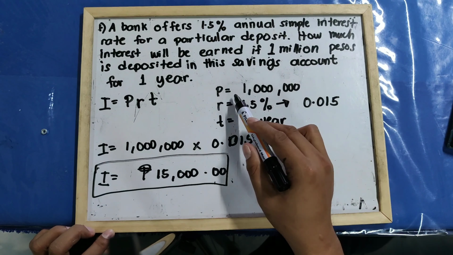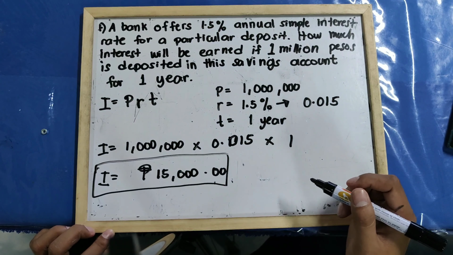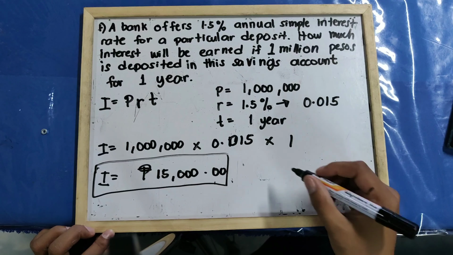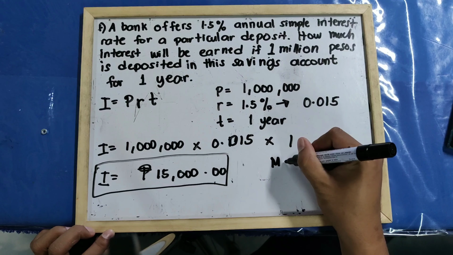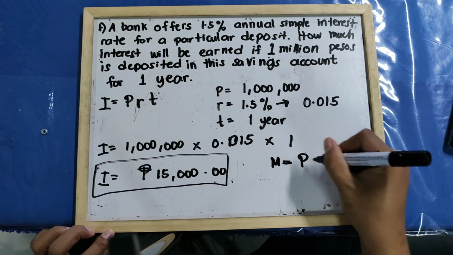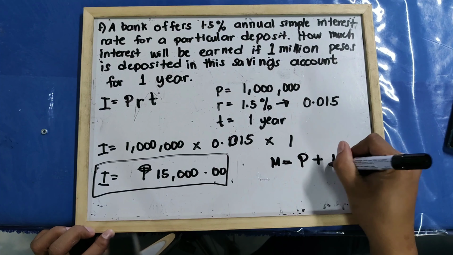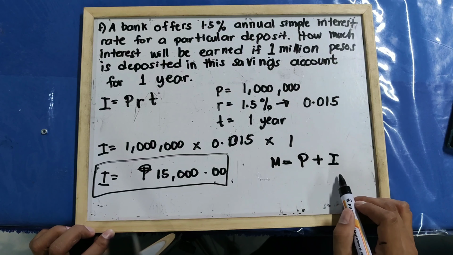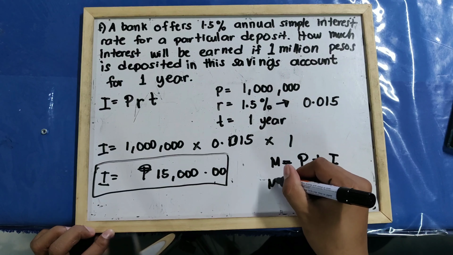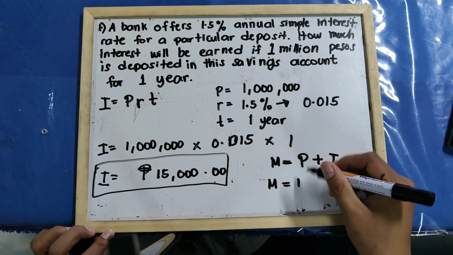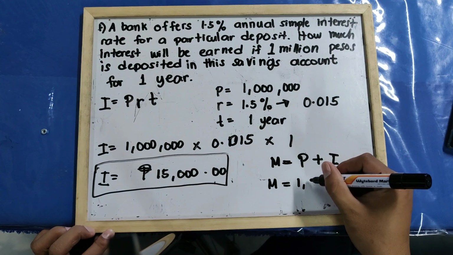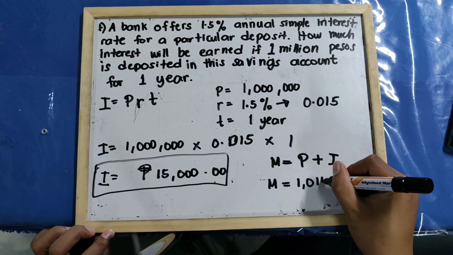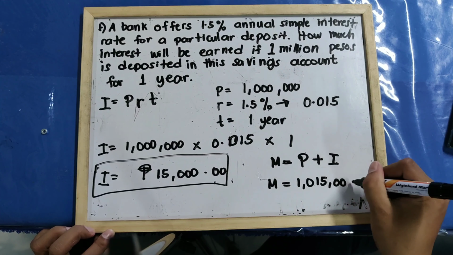So, principal plus interest. The maturity value is equal to principal plus interest. Principal is the money you invest, plus the interest. So his maturity value is equal to 1 million plus 15,000 pesos.